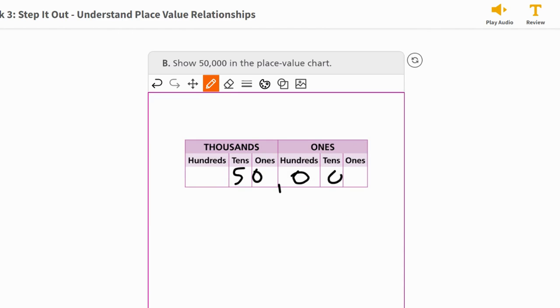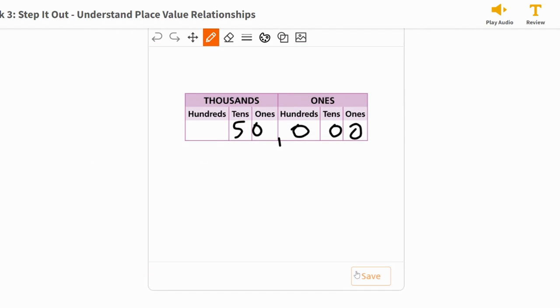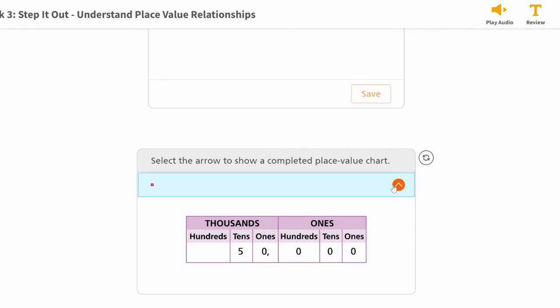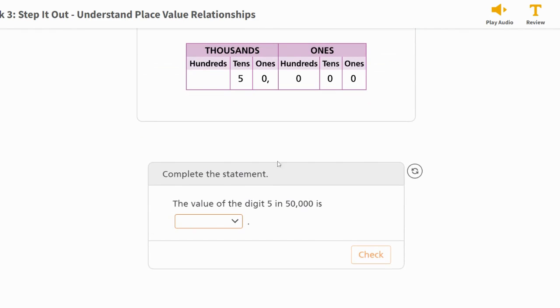Let's save our work. Here again, it's just showing you how the book completed it. So looking at the 5 in this number, even though both numbers are 5, it has a different value because it's in a different place.